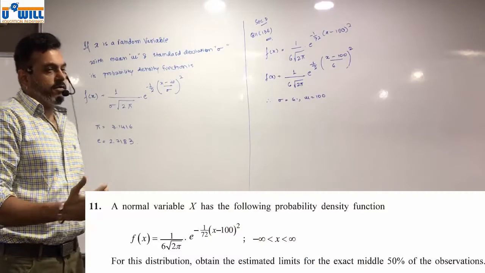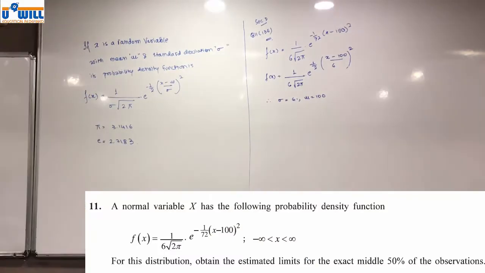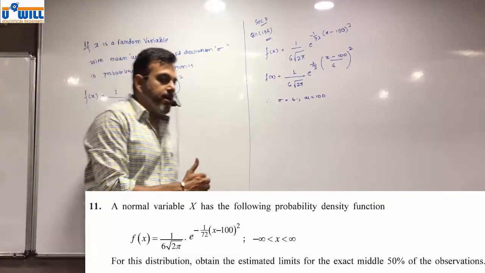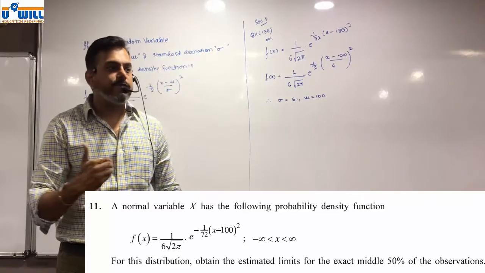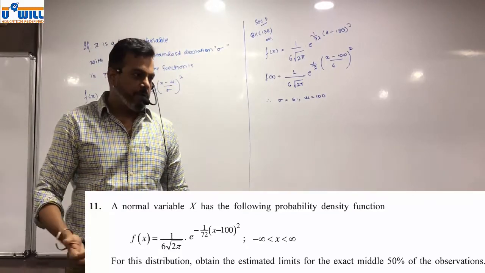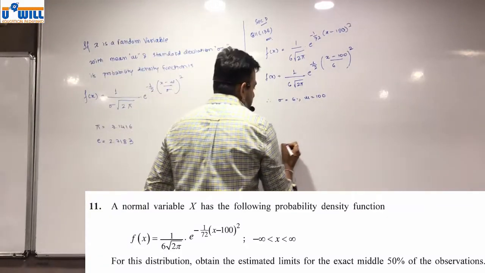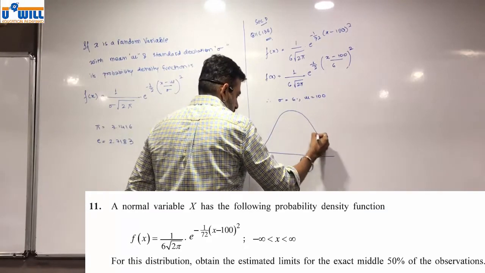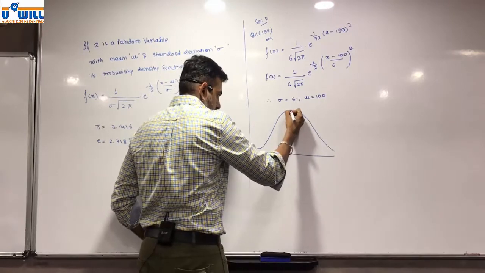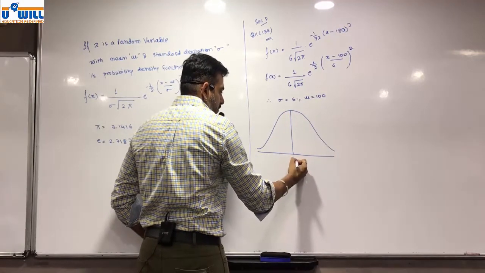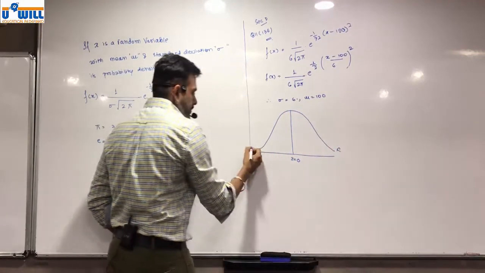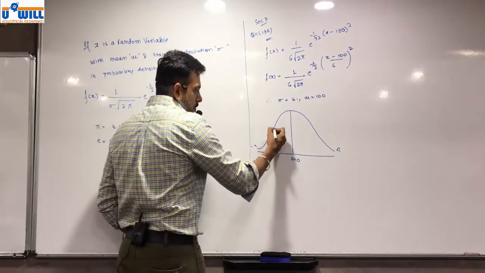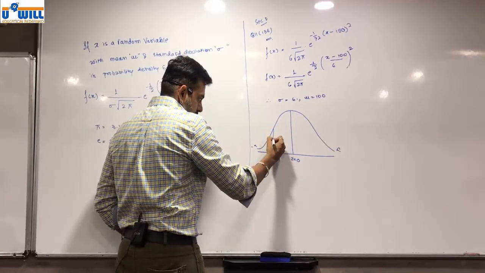Now, in this question, what we have to find? We have to find the estimated limit for exact middle 50% observation. So first, I'll draw a graph. Z is equal to 0, infinity, minus infinity. Now, middle 50%.